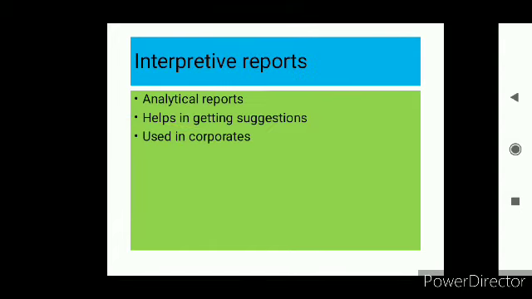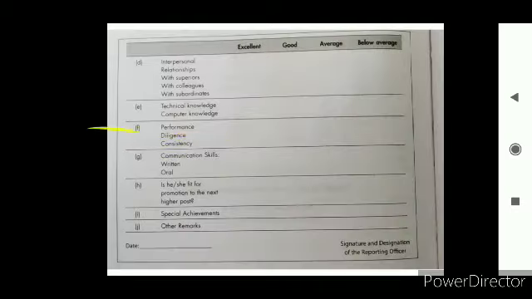Next comes the interpretive report. Now, interpretive reports are also known as analytical or investigative reports. And yes, my dear students, one more thing I want to remind you all.